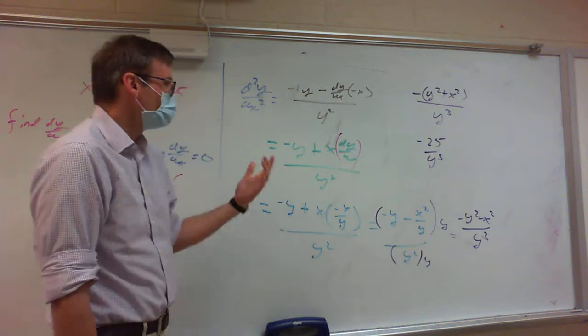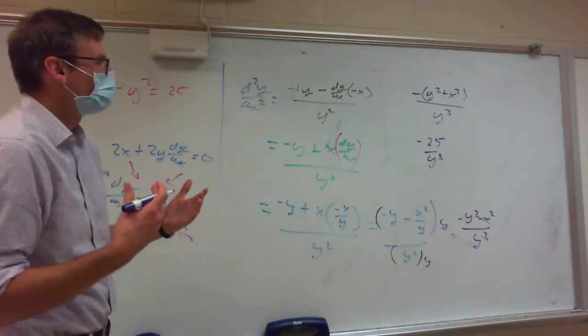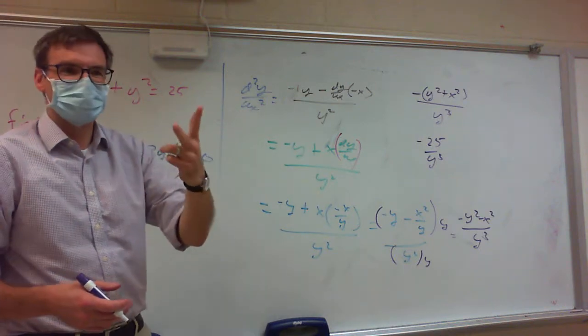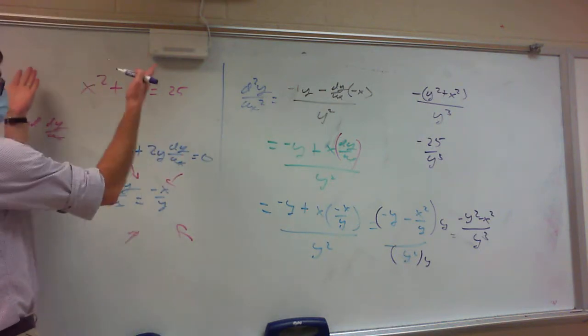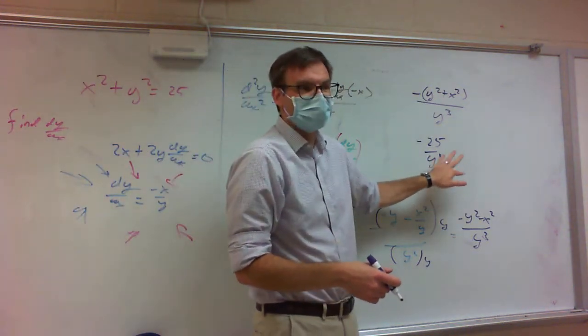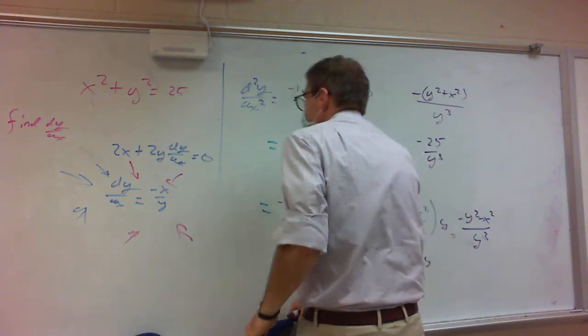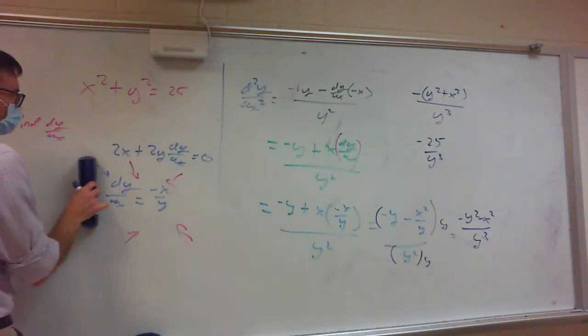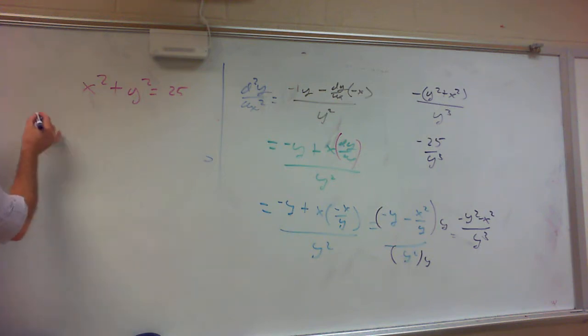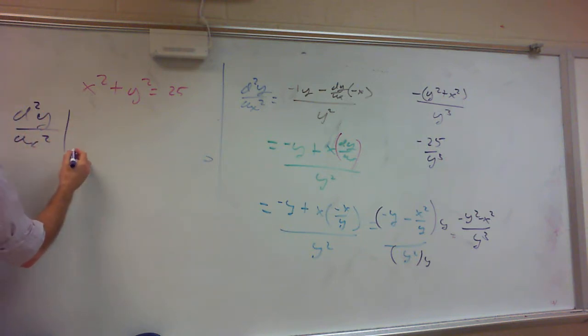These are the two ways it's asked. Method one is, they say, here is your relation, find the second derivative, and so you have to check the appropriate box. Most likely what it does is they say, given this, compute d2y over dx squared evaluated at the point 3, 4.